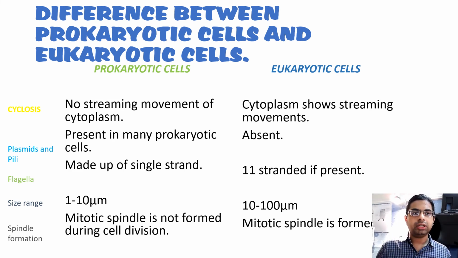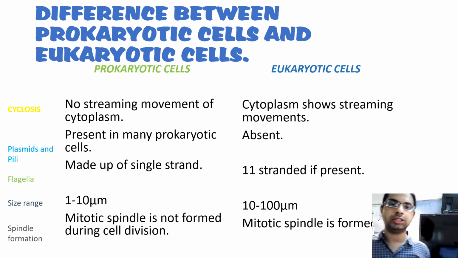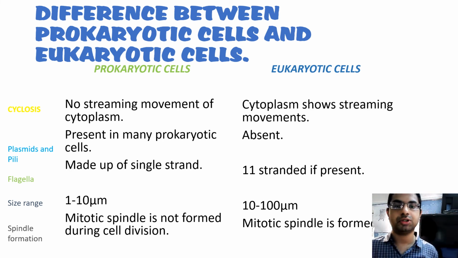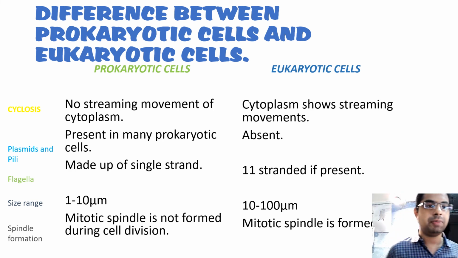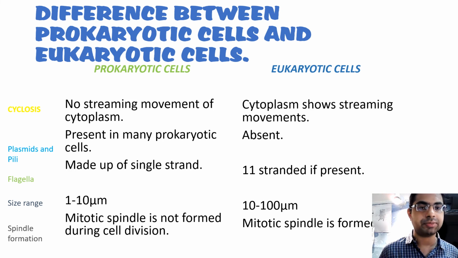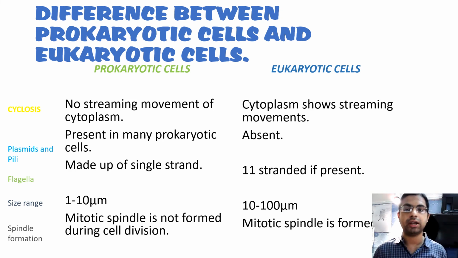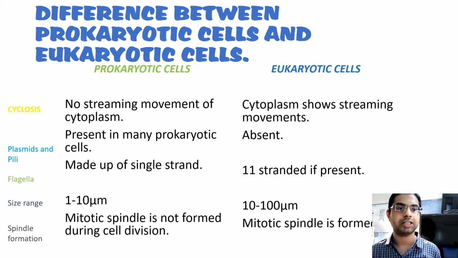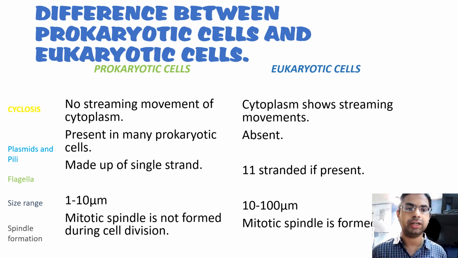In prokaryotic cells, no streaming movement of the cytoplasm, termed cyclosis, is found, and in eukaryotic cells cyclosis is present, that is, the cytoplasm shows streaming movement. Plasmids and pili: in prokaryotic cells, plasmids are present, whereas in eukaryotic cells, plasmids are absent. Plasmids are extrachromosomal DNA present in bacteria, and I will discuss them later.